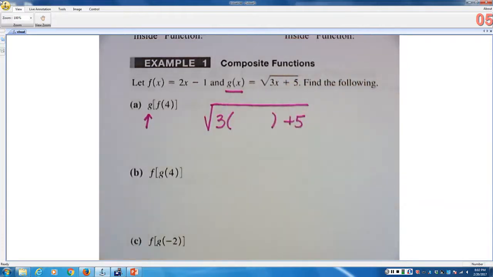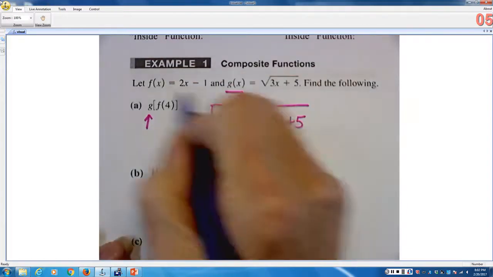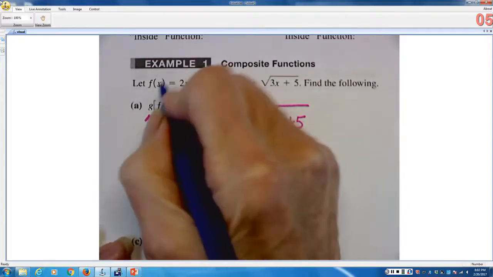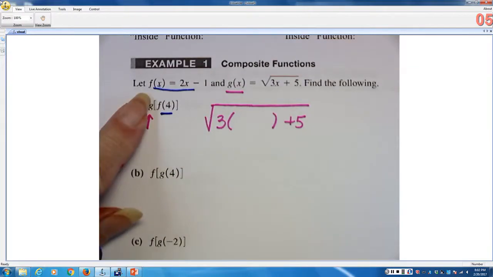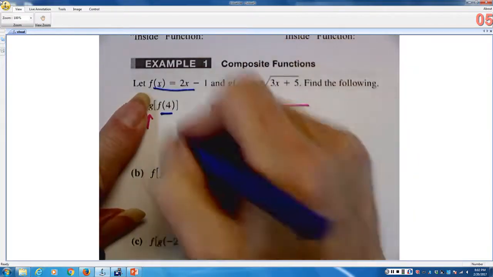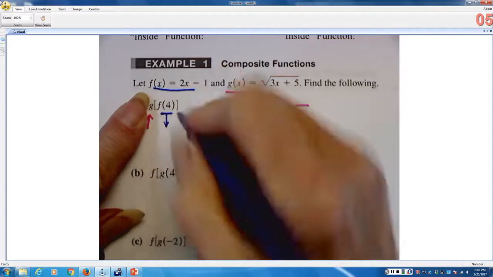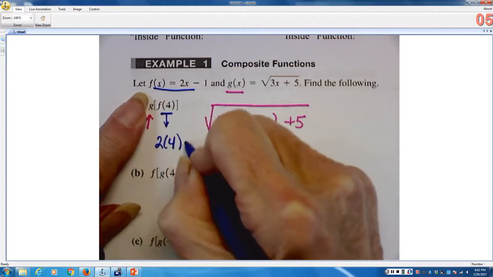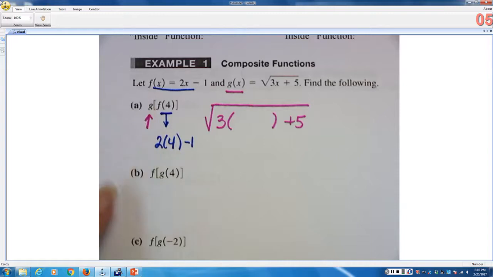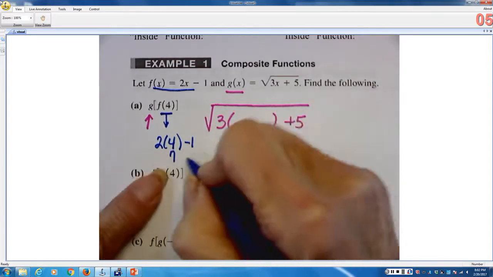But whatever x is is f of 4. So we have to figure out what is f of 4. Okay, f of 4 is 2 times 4 minus 1. 2 times 4 is 8, and 8 minus 1 is 7.